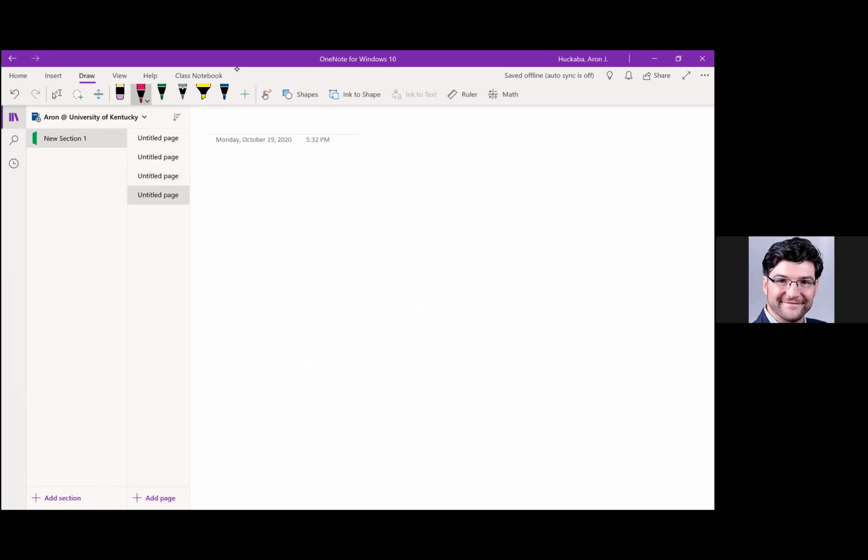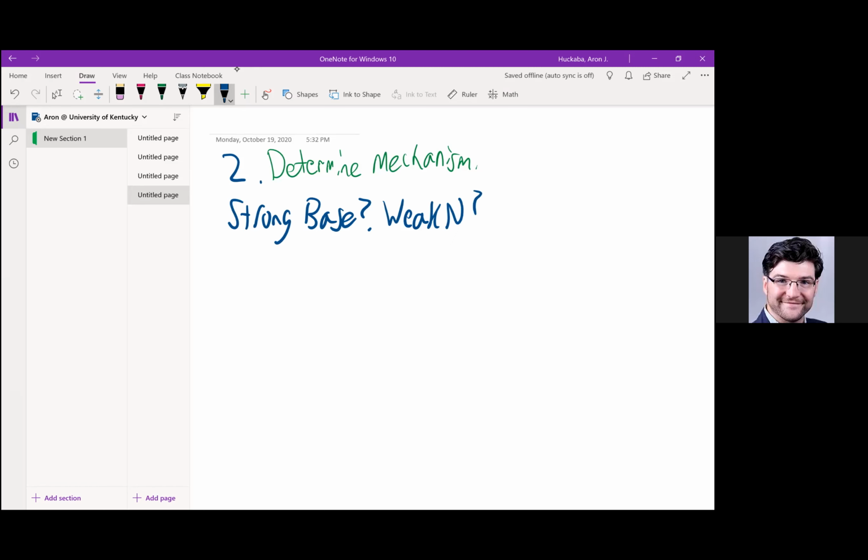All right, now determining the expected mechanism. This is number 2, determine mechanism. Do we have a strong base but a weak nucleophile? Then that might be an E2, because there's no substitution that might happen. Do we have a strong nucleophile but a weak base?